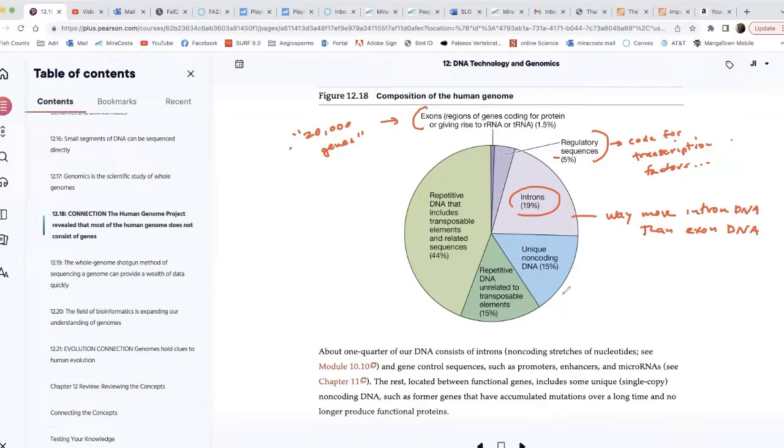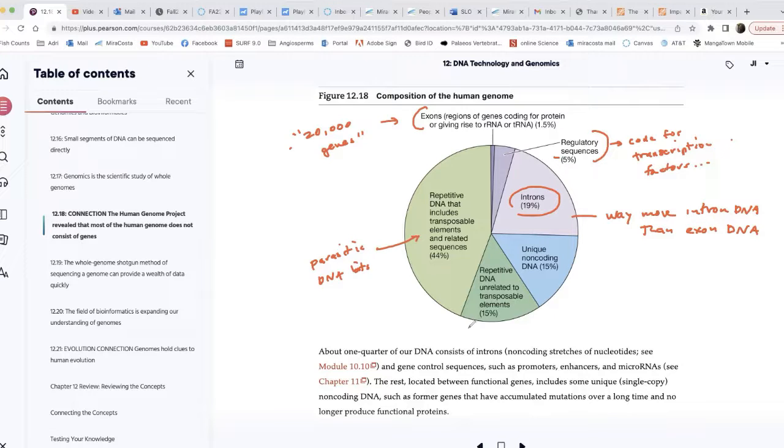And then the remaining of this would include one group called transposable elements, which are like parasitic bits of DNA. It's kind of scary, you know, these little stretches of DNA copy themselves and make themselves more abundant in the genome, and we just have to live with it because there's not a whole lot we can do.